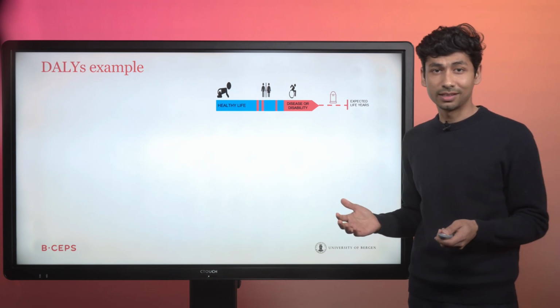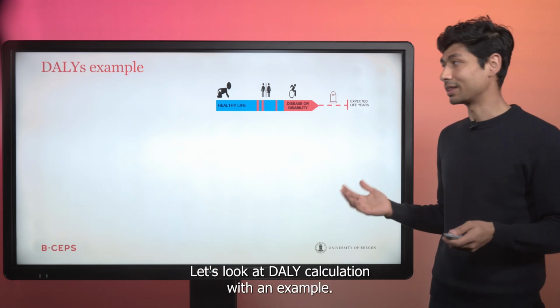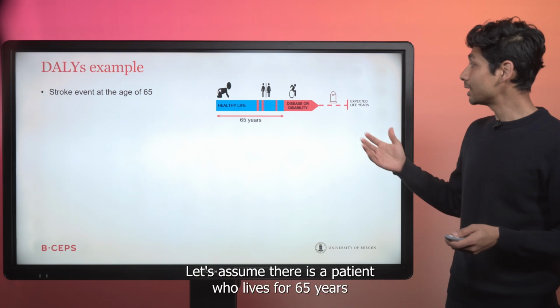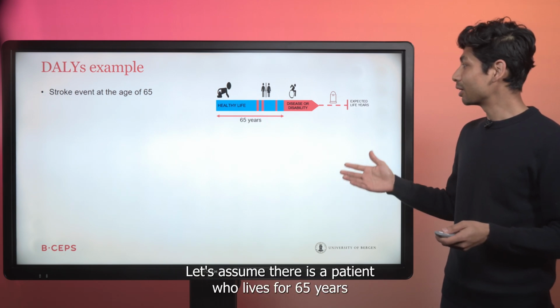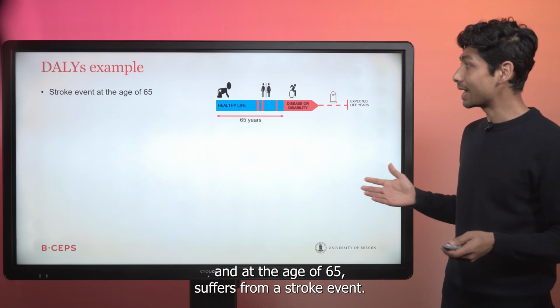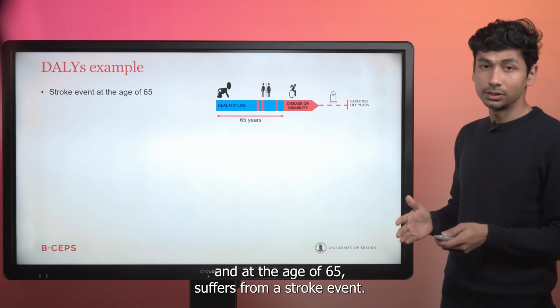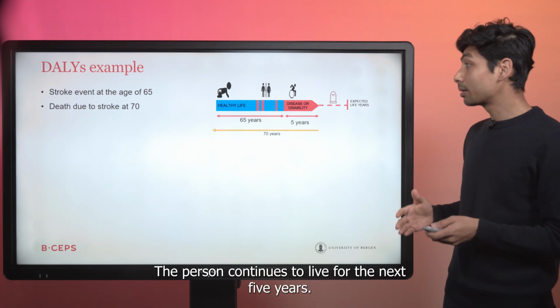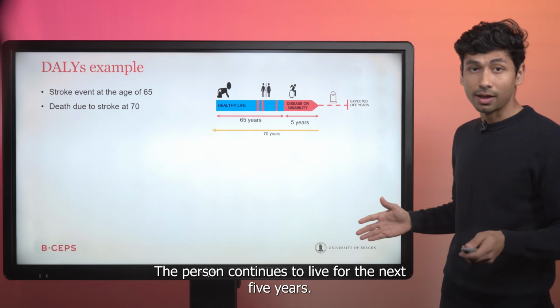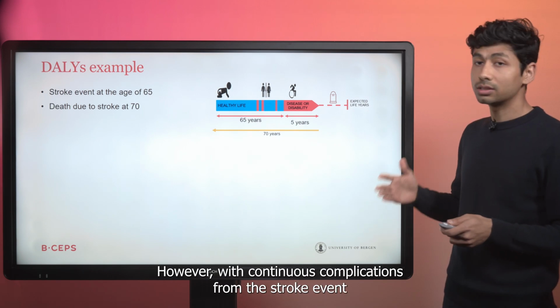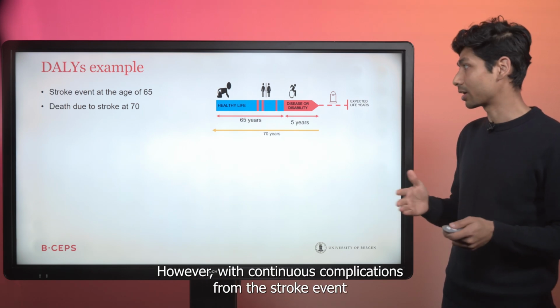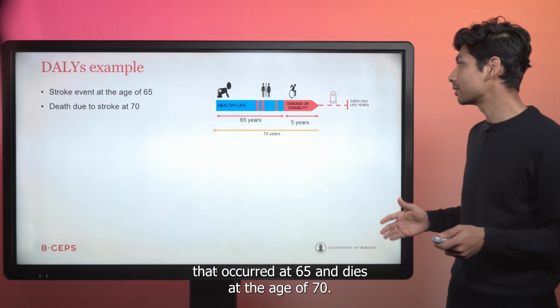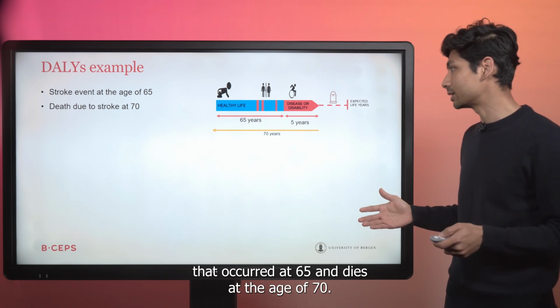Let's look at the DALY calculation with an example. Let's assume there is a patient who lives for 65 years and at the age of 65 suffers from a stroke event. The person continues to live for the next 5 years, however, with continuous complications from the stroke event that occurred at 65, and dies at the age of 70.